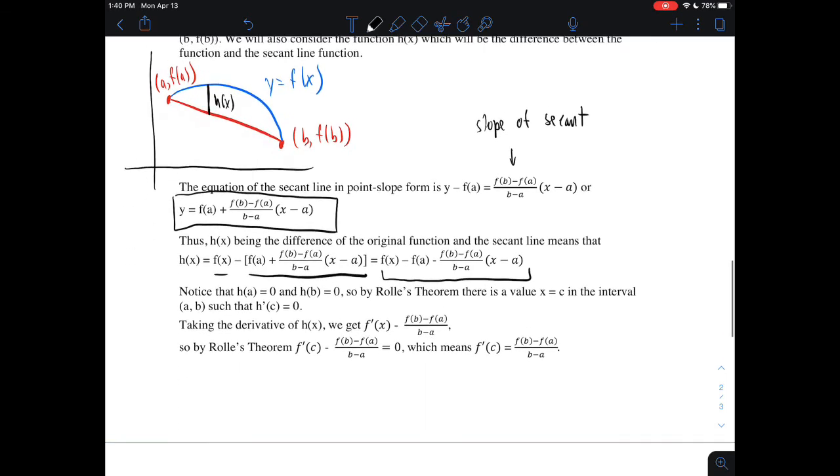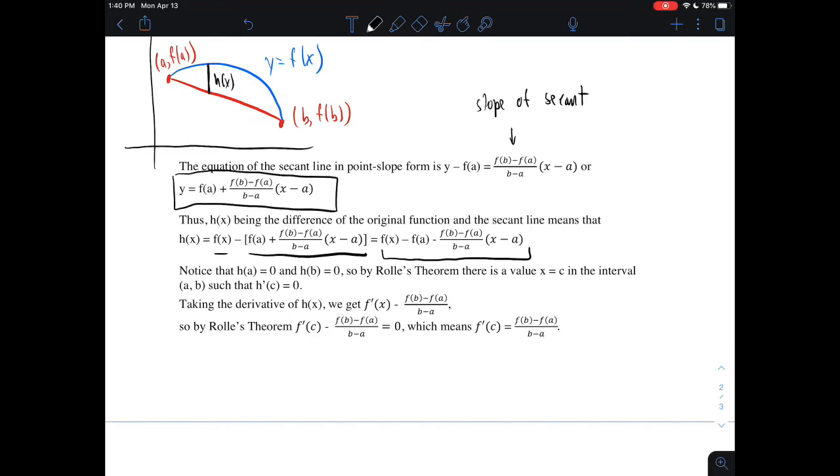So now let's notice h of a is equal to 0. If you plug in a into what we said h of x is, I would have f of a minus f of a, of course that's 0, minus the secant slope, f of b minus f of a divided by b minus a, but then that would be times a minus a, which is just 0.